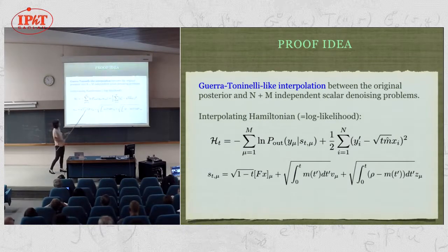If this parameter t is 0, we are back at the original problem. It's only the original problem. All the other terms are 0. And if t is 1, the original problem doesn't matter. And we just end up with m plus n independent spins with some particular probabilities on them.